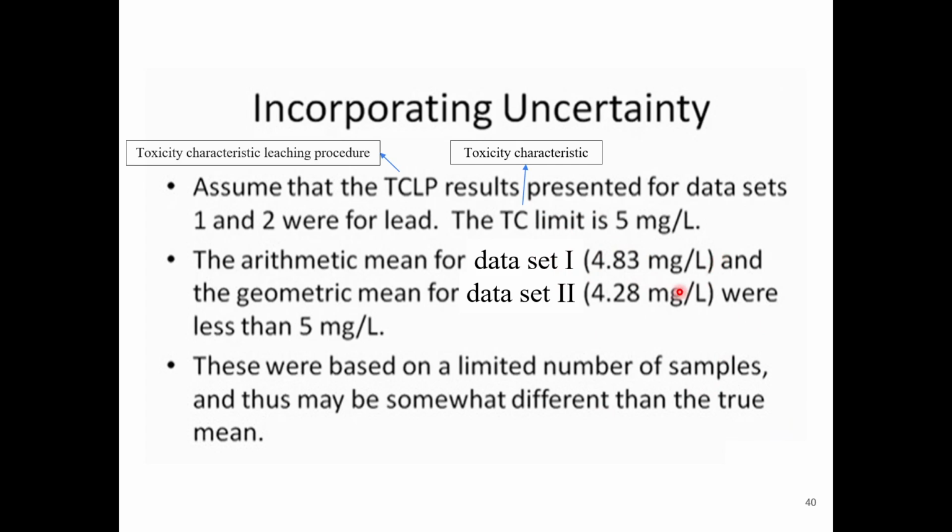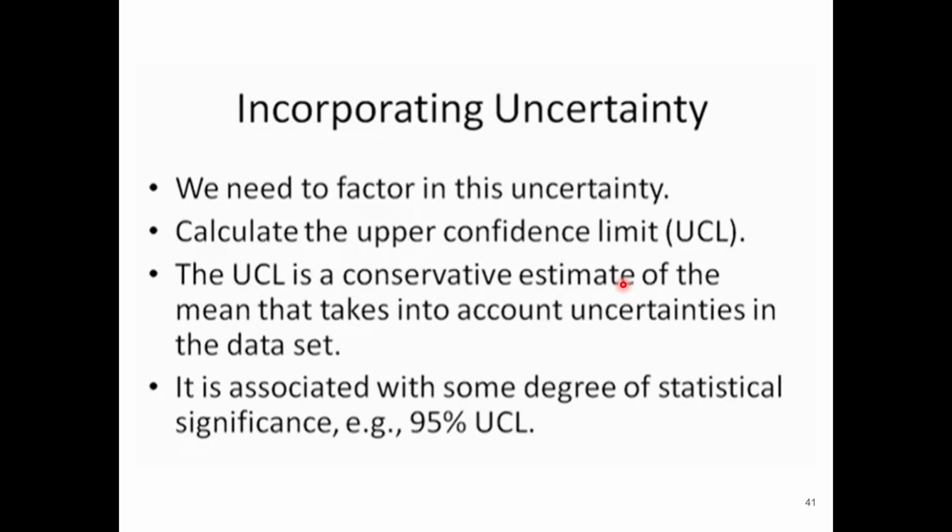But the question is, the number of samples we have taken is very small. The actual case may be quite different, with a different situation where the values will increase, and therefore it could be very different from the actual mean. These values will not be equal to the actual mean, because this is for a limited data set.